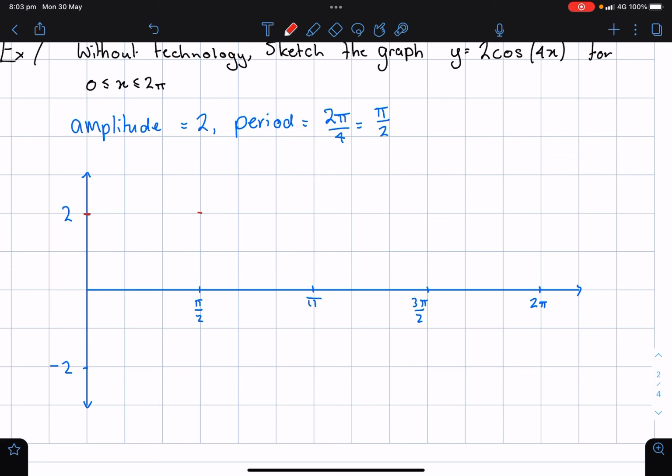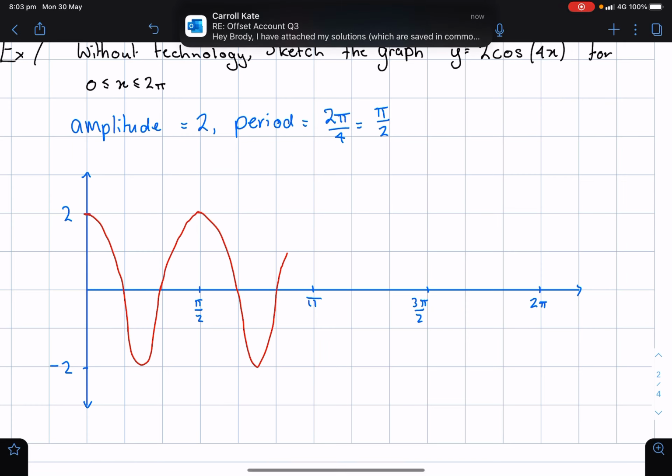So that means we're going like this all the way down to negative 2, touching it, coming all the way back up to pi on 2 as our maximum. And this pattern is going to repeat itself all the way up until 2 pi. So I'm just going to go ahead and do this for us now.